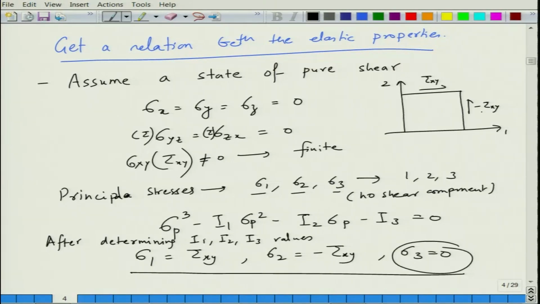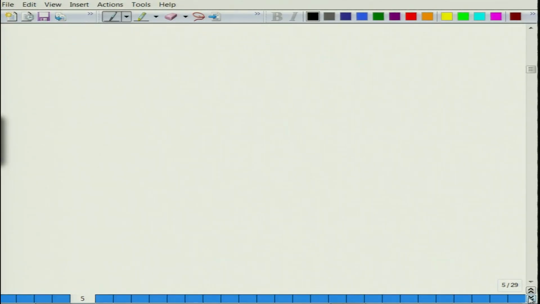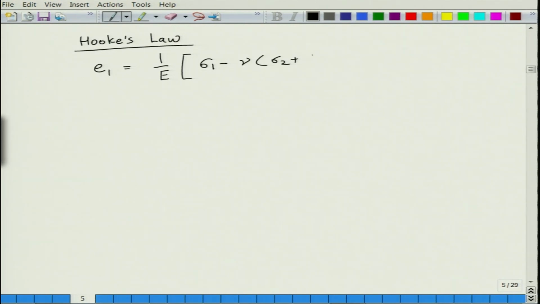So, these are the stresses which are going to act on the material. Now, when you apply these stresses to Hooke's law, if we rewrite that, we can write it in terms of principal strains. So, E1 is equal to 1 over E into sigma 1 minus nu into sigma 2 plus sigma 3, in terms of corresponding principal strains.